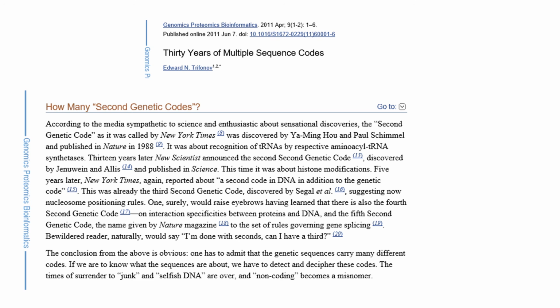The conclusion from the above is obvious. One has to admit that the genetic sequences carry many different codes. If we are to know what the sequences are about, we have to detect and decipher these codes. The time of surrender to junk and selfish DNA are over, and non-coding becomes a misnomer.